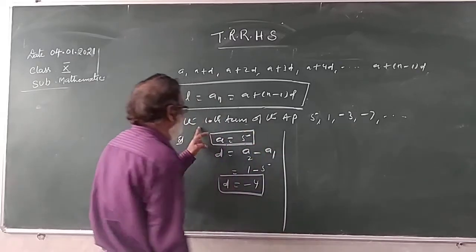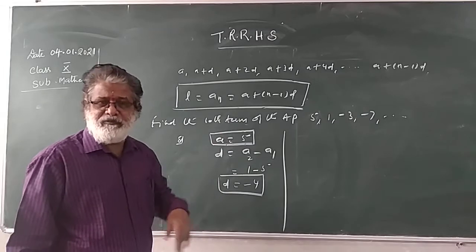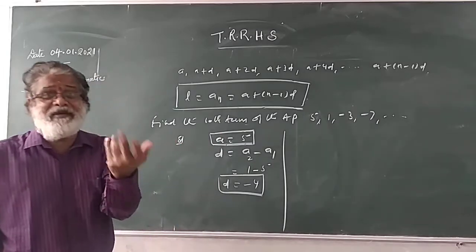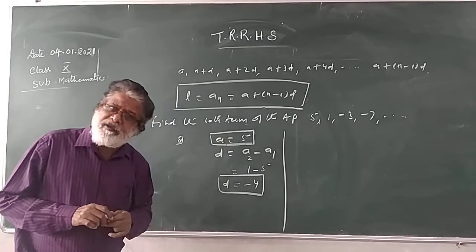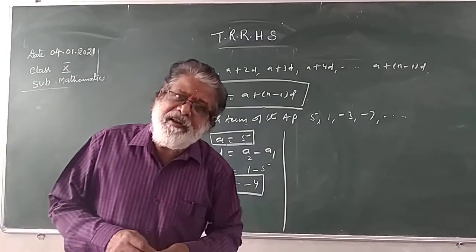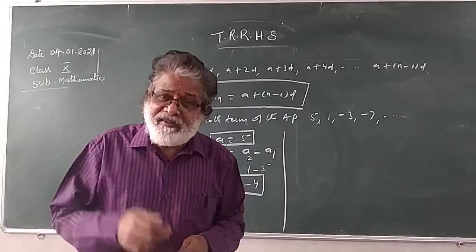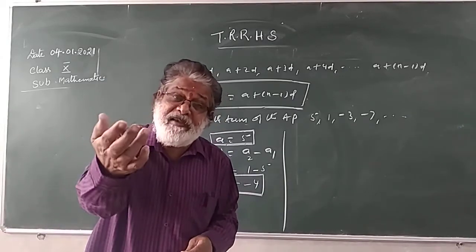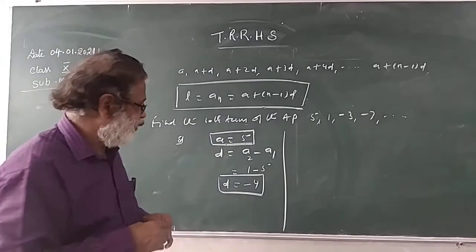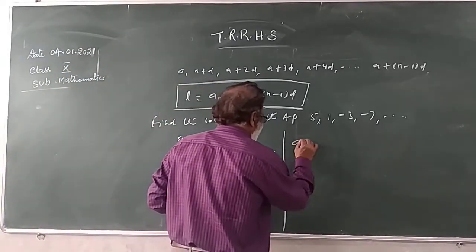Here what is asked? The 10th term. The 10th term is what? You know that it is A plus 9D. First term is A, second term is A plus D, third term is A plus 2D, fourth term is A plus 3D, fifth term is A plus 4D, seventh term is A plus 6D, 10th term is A plus 9D, 100th term is A plus 99D. How did we get that? Use the nth term, An.